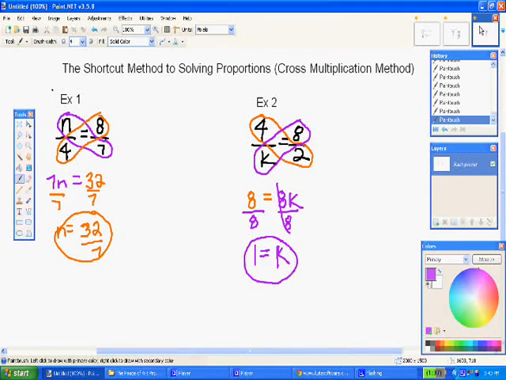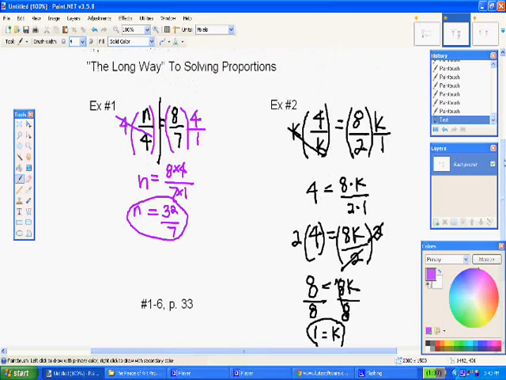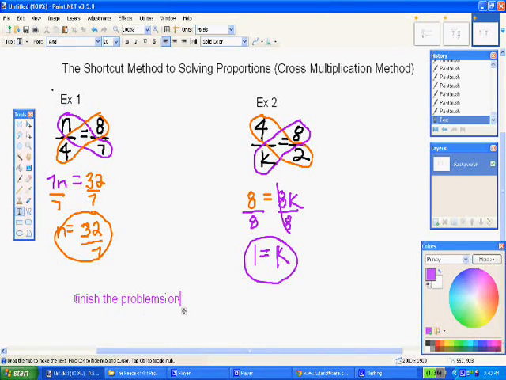So cross multiplication does work. It is the shortcut way. But I do want you to understand how the shortcut came about. So if you feel comfortable with that, go ahead and try the rest of the problems on page 33. So finish the problems on page 33.